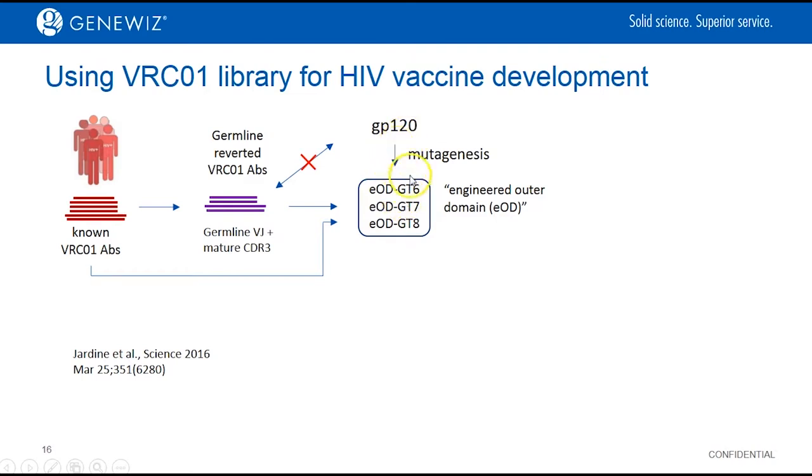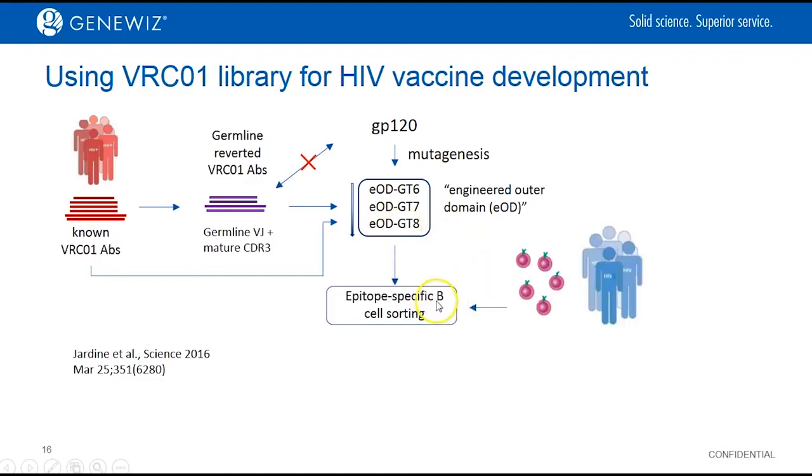So they tested the mutated versions, how they bound to the antibodies, and finally they obtained the engineered outer domain with improved binding properties. Then they used this domain to screen the B cells of uninfected individuals, and they sequenced the positive B cells, and they searched for VRC01 class antibodies.